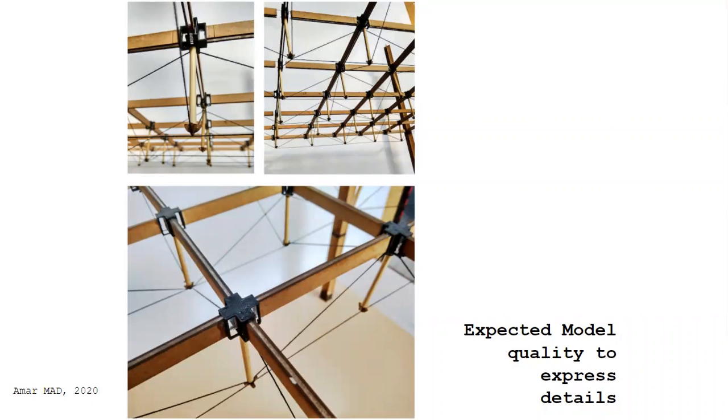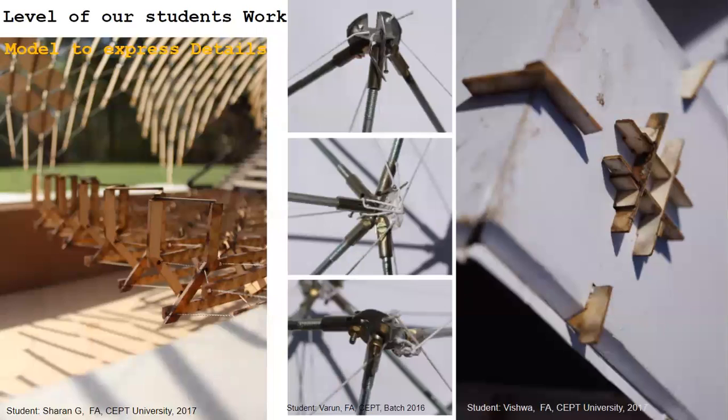And some more examples of expected model quality to express details. This is an example in which the part has been 3D printed, and there are timber members, and then you see that the bamboo is acting as a strut, and that's how the member has been worked out.